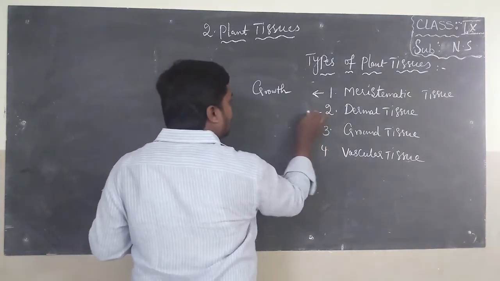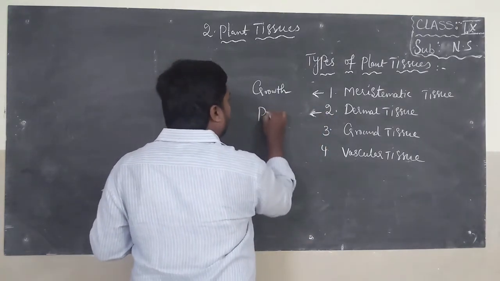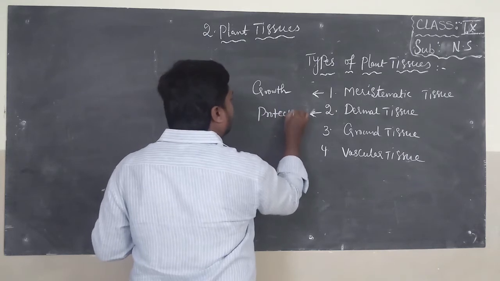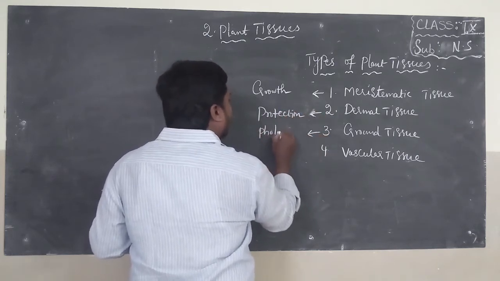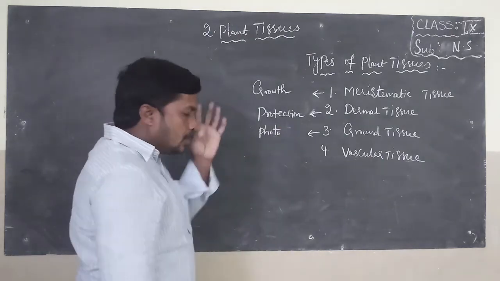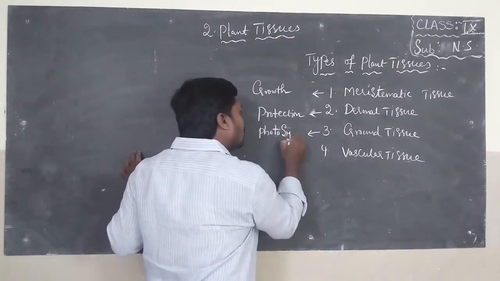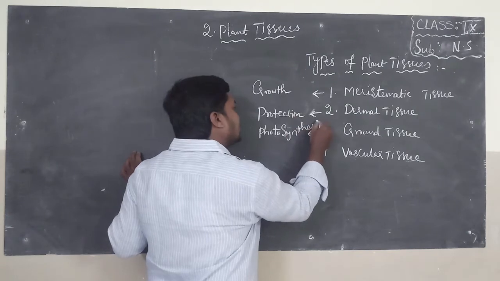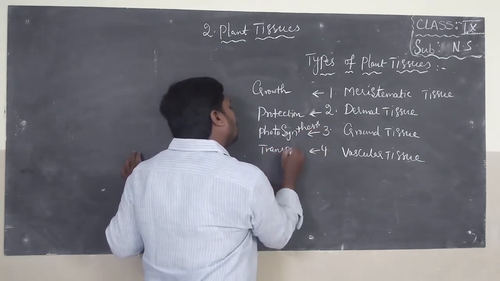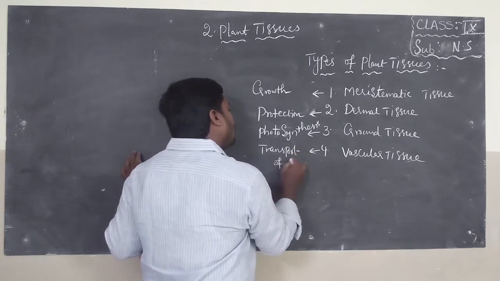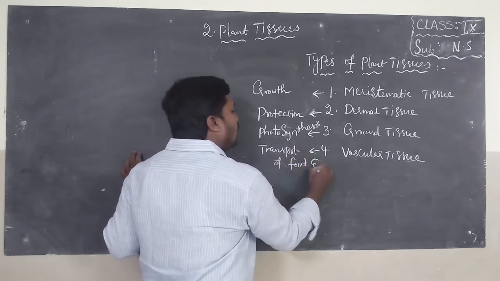Dermal tissue gives protection to the plant. Ground tissue has chloroplast, which helps to perform photosynthesis. Vascular tissue is helpful for transport of food and water.